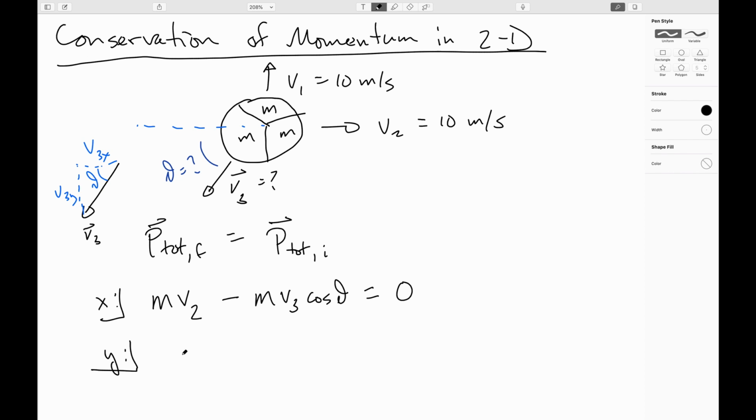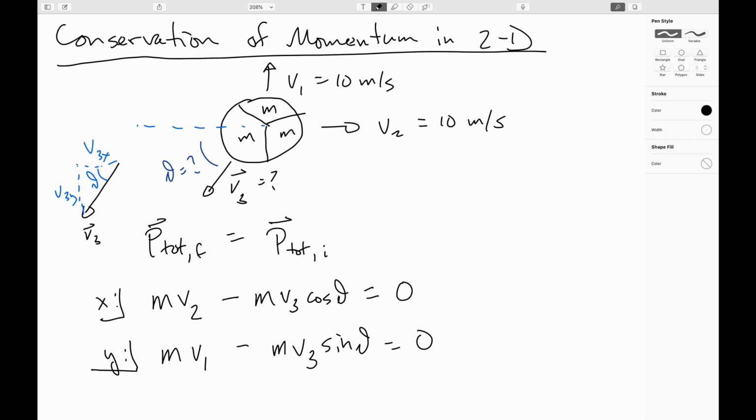So here, this is going up, so it'll be mv1. In here, this piece is going down, so this will be minus mv3. And that piece is an opposite, so that would be a sine theta, equals 0.